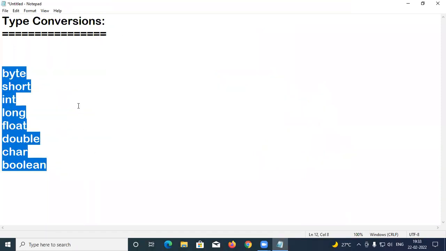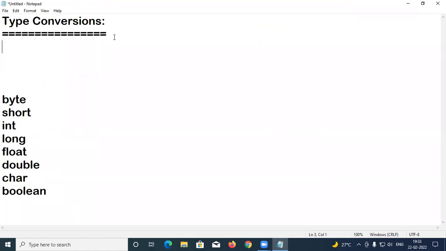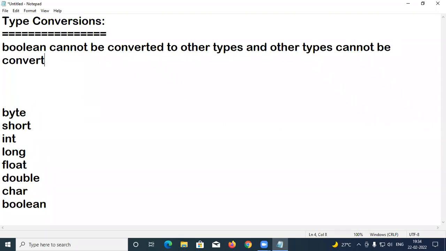Now, type conversions. First, which are the 14? Just one line of notes. Boolean cannot be converted to other types, and other types cannot be converted to Boolean type. You observe?